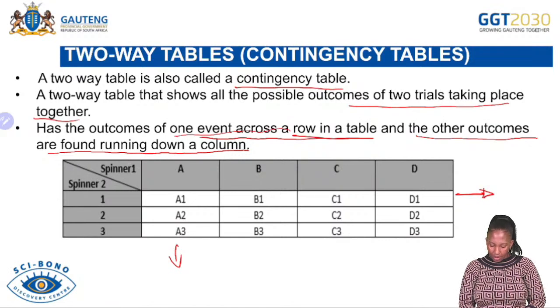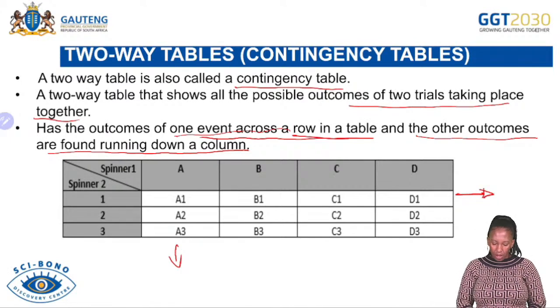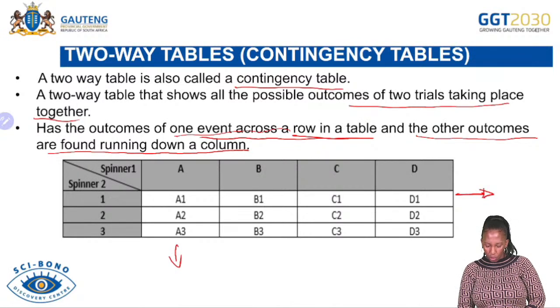Spinner 1, let me say you label the spinner as 1, 2, 3, and then the other one will be ABC. So if I spin spinner 1 and I get the outcome A1, and then if I spin it again, then B1, and so on. The same applies there.